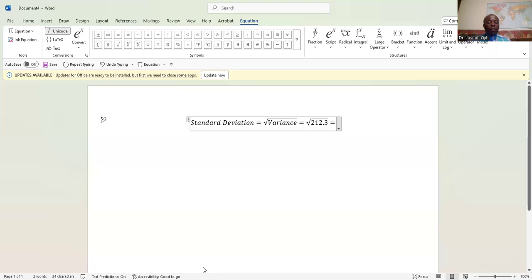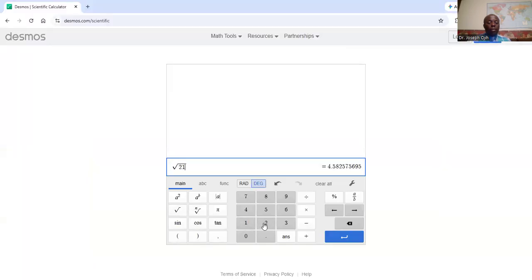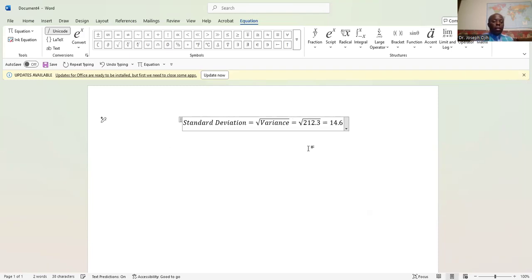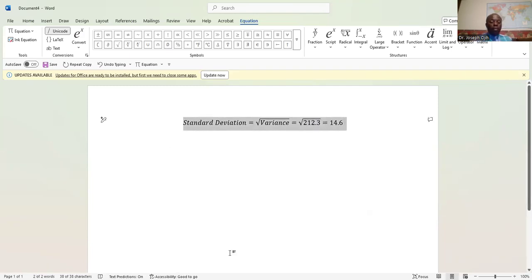The square root of 212.3 is approximately 14.6. So the SD is the square root of 212.3, which is 14.6. I'm going to put it in the right place.